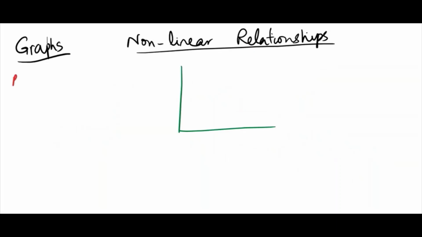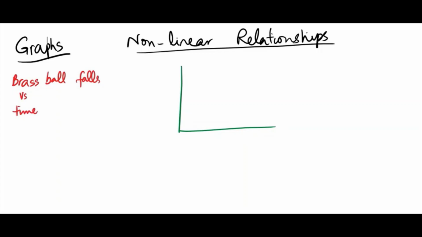Now let's talk about nonlinear relationships. So let's take an example of a brass ball when it falls through the air versus the time that it takes to fall.